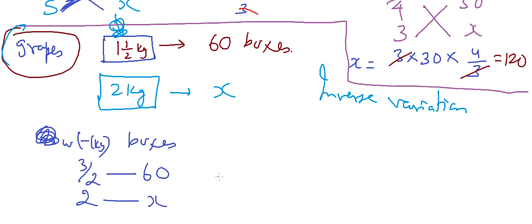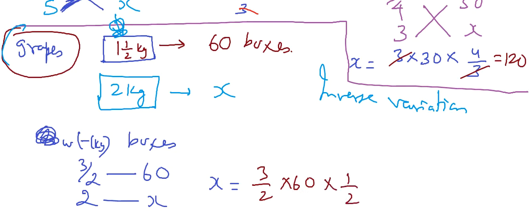But here also, the same way to find x: where both the numbers are there for a particular line, that will be the numerator. So 3/2 into 60, divided by the other number, divided by 2. Either you can divide by 2 like this, or you can multiply by the reciprocal of 2 like this.